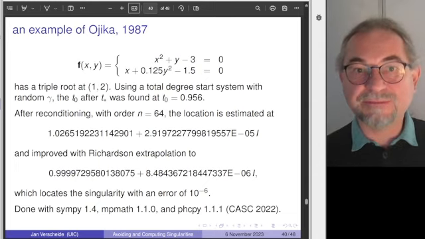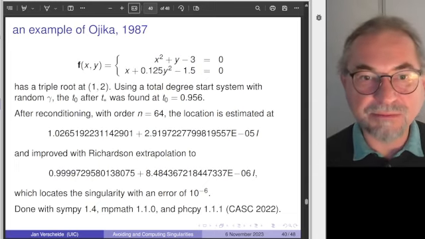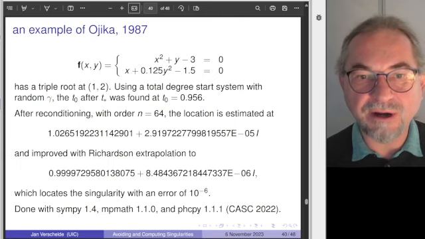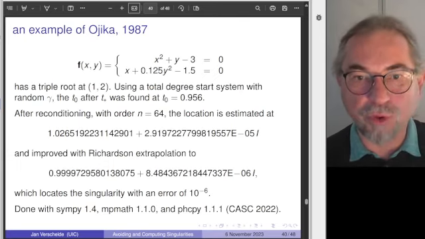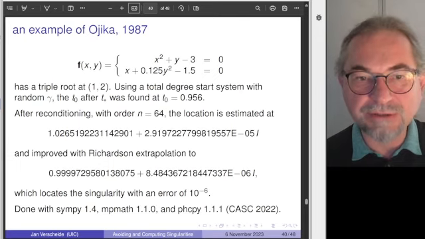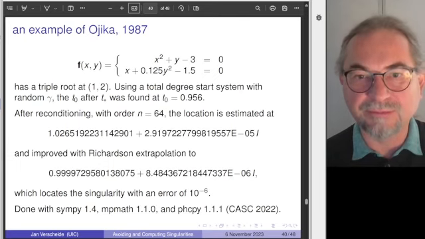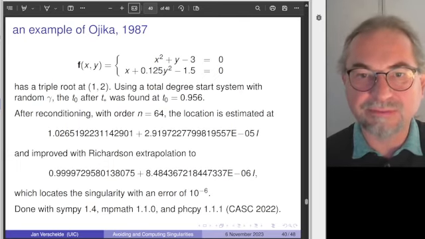So here's a very simple benchmark example. If we are reconditioning, so the last pole, we could see that the last pole occurred when the path tracker was at about 0.956.